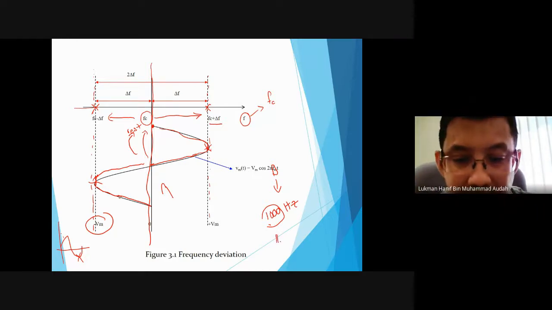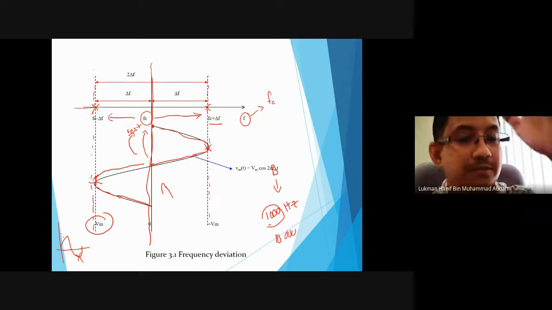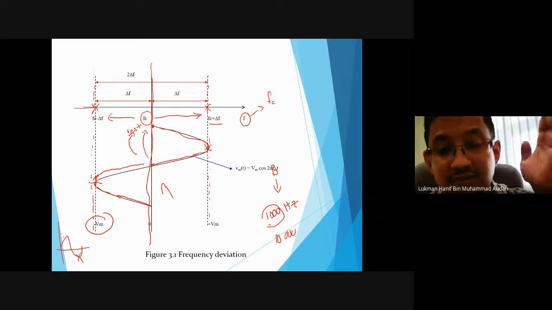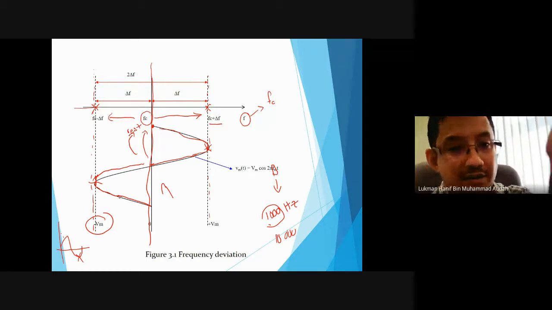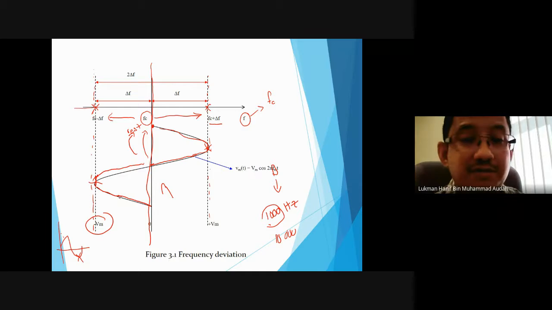Kalau 10,000, lagi banyak. Maknanya lagi laju perubahan itu. That means the carrier frequency changes 10,000 times per second. So kadar perubahan frekuensi carrier bergantung kepada frekuensi input message. Nampak, nanti kita akan lihat selepas ini.